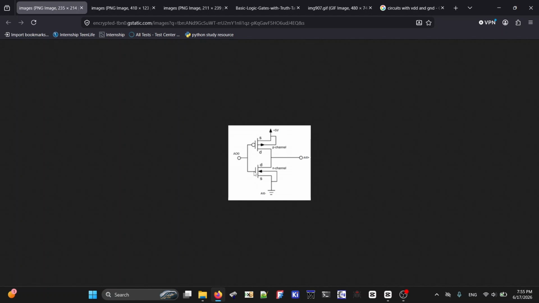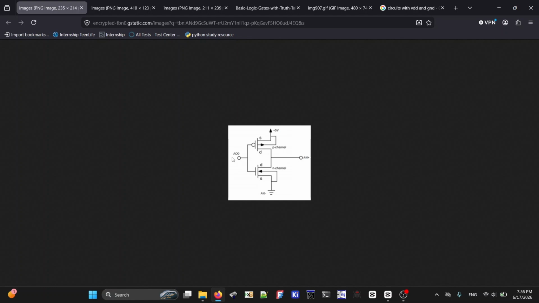But whenever an input of 1 is given to this NMOS, it does turn on, and then the voltage goes to ground. And by doing that, there's no output voltage here, so this is a 0. So it was originally a 1, and then it became a 0, right? And that's how inverters work. They take whatever your input is and invert it. So if it's a 1, it's now a 0. But if it was a 0, it's now a 1.